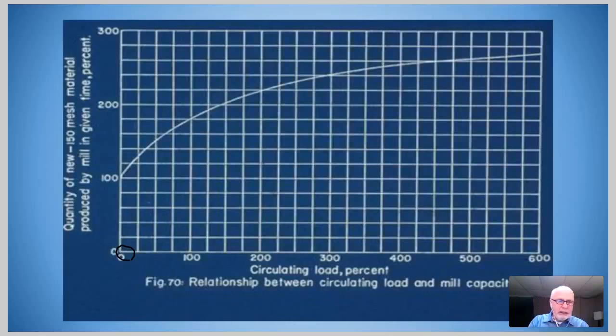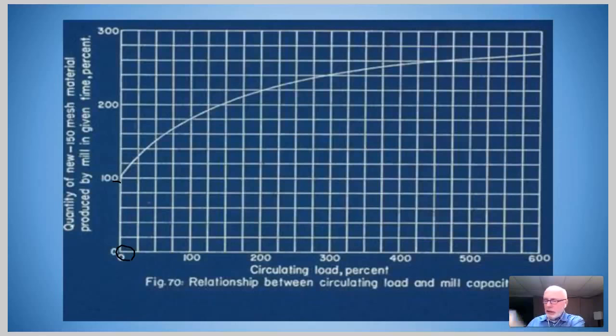So starting in open circuit, the production rate of new minus 150 mesh or minus 106 micron material was 100 tons an hour on a relative basis. So in open circuit, his mill was able to produce 100 tons an hour of new minus 106 micron material.